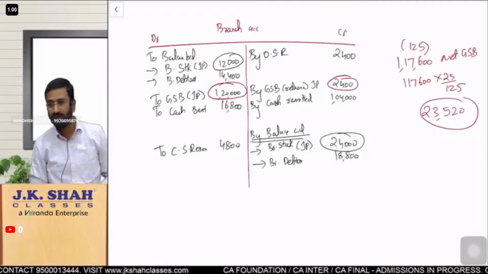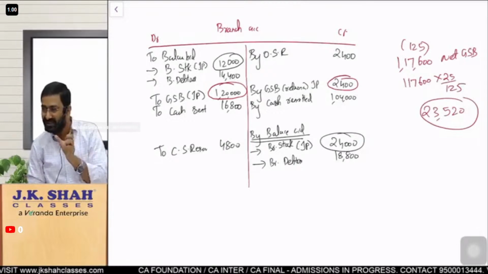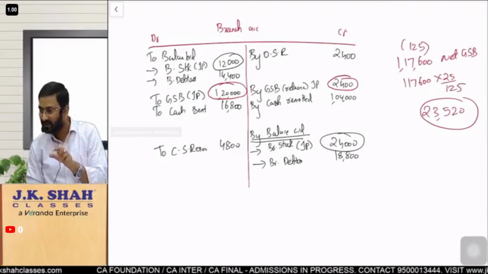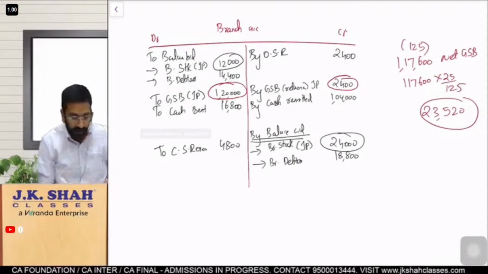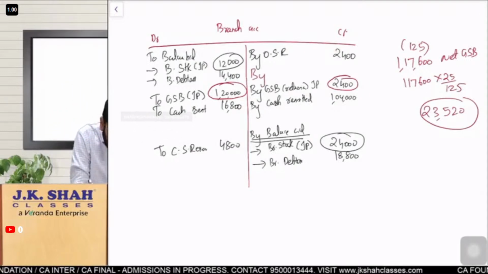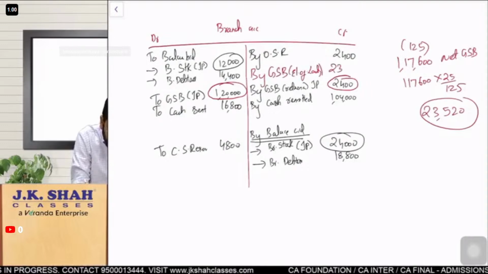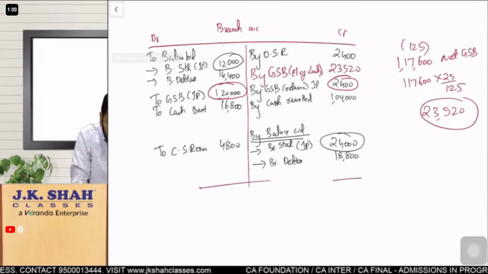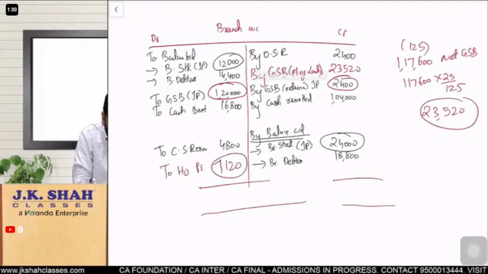How much is sent? 120. Returned 2,400. So net goods sent 117,600, which is 125 value. So 25 is the loading. By goods sent, this is elimination of loading in net goods sent, 23,520. Total, this credit side is greater. Profit will be 7,120 transferred to P&L. Correct?